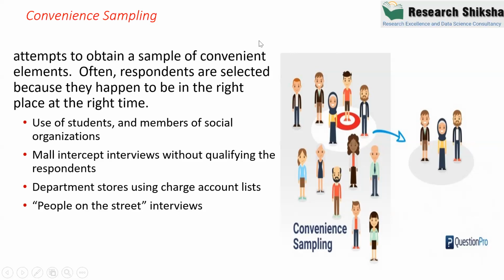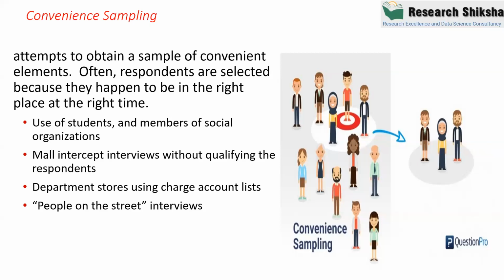In convenience sampling, we do not apply our mind to whether I should collect the data from these units or not, and without applying our mind, we take the data. And in most PhD theses, I know that researchers go for convenience sampling, but the problem is that you cannot write in your thesis or research paper that you went for convenience sampling.